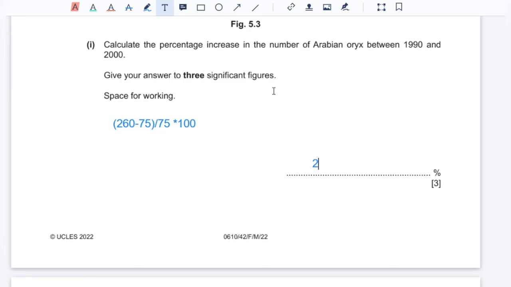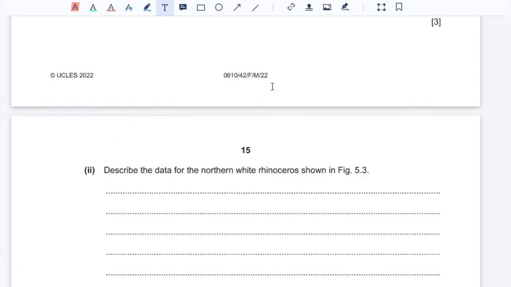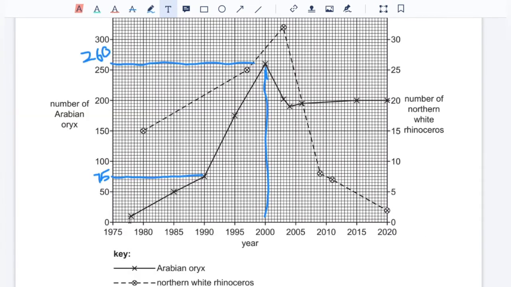2. Describe the data for the northern white rhinoceros in figure 5.3. Now, the word describe means that you are supposed to talk about the way that the graph is changing and not explain the reasons behind it. So again, the number of rhinoceros is represented by the crosses that are circled, and their axis is on the right hand side.